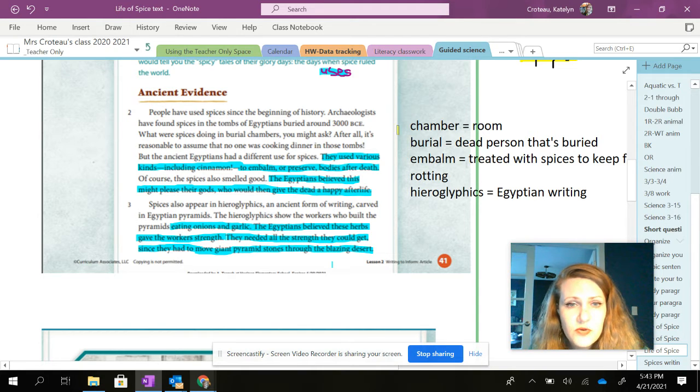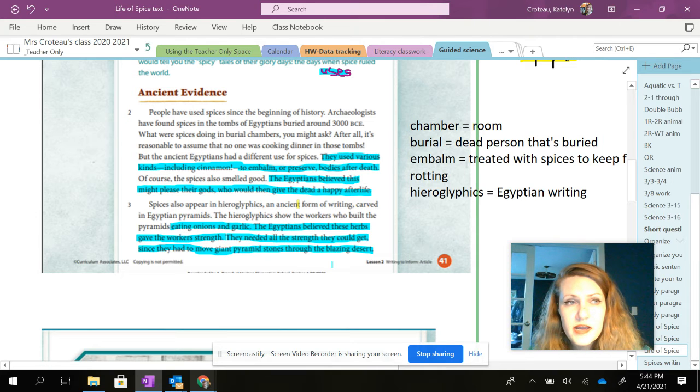It looks like you guys already talked about some of these words. Chamber is the same thing as a room. Burial is to put somebody that has died into the ground so that they have a final resting place, though it's not always the ground. In old days, there were lots of different ways that people were buried and such.